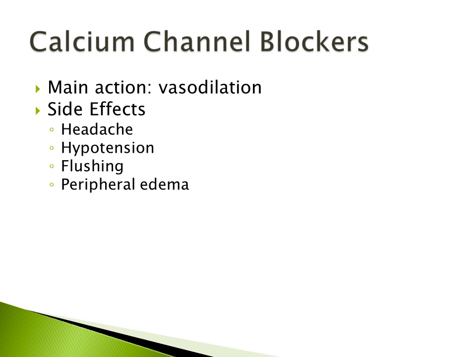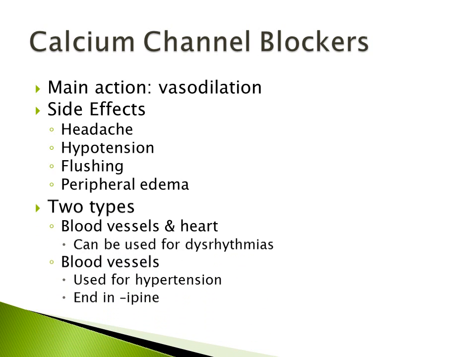The reflex tachycardia, headache, and flushing are going to decrease over time. The hypotension and the peripheral edema are probably going to sustain as long as the patient is on these calcium channel blockers. So make sure you're checking the blood pressure. If it's low, don't give it.